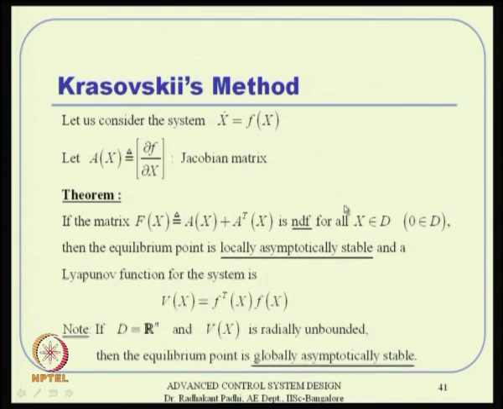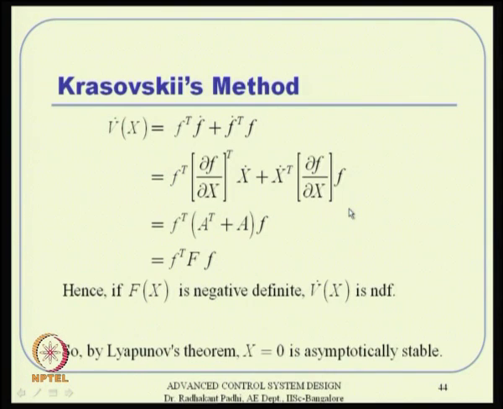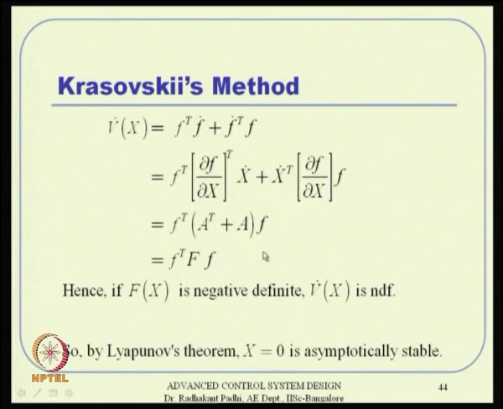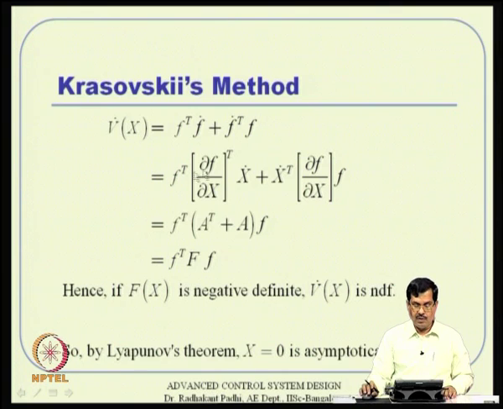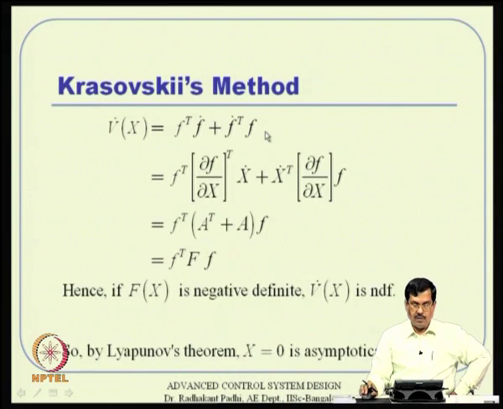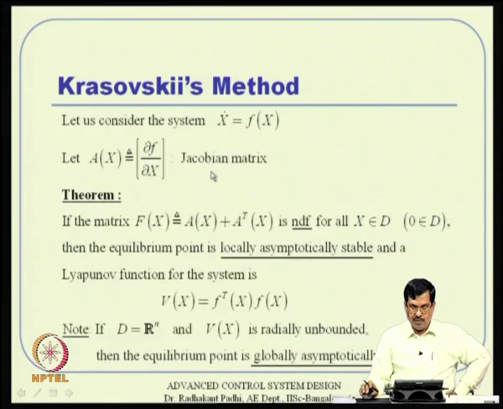Let us see why this A transpose plus A comes into the picture. It is very straightforward. If my V of x is f transpose f, then my V dot turns out to be f dot transpose f plus f transpose f dot. Now, f dot is nothing but del f by del x into x dot, since f is a function of x only.